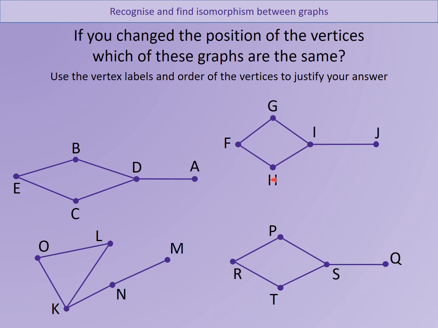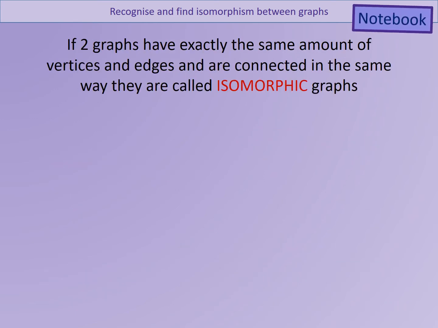They're called isomorphic graphs. You can certainly compare the vertices. We can see that F and R is equivalent, R and P, G and P, and so on. So if two graphs have exactly the same amount of vertices and edges, and are connected in exactly the same way, they're called isomorphic graphs.